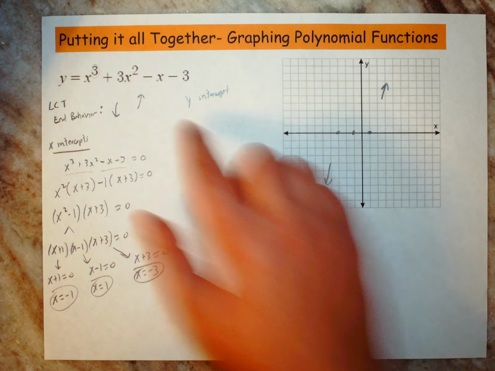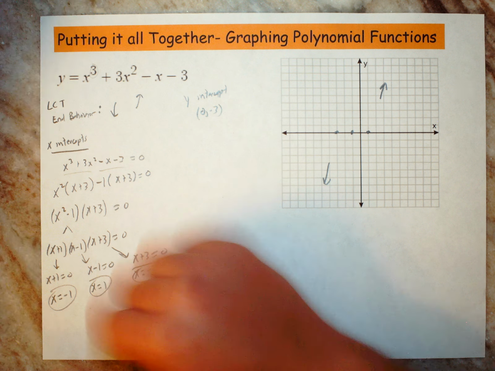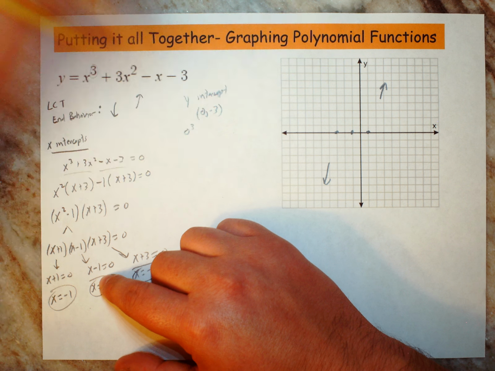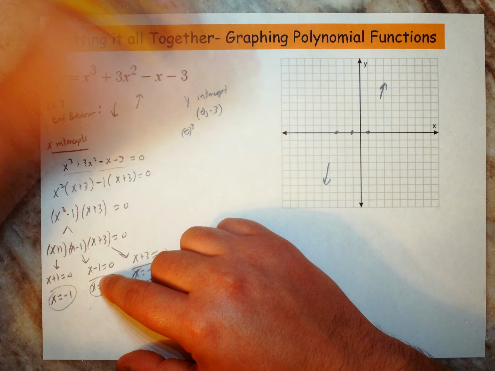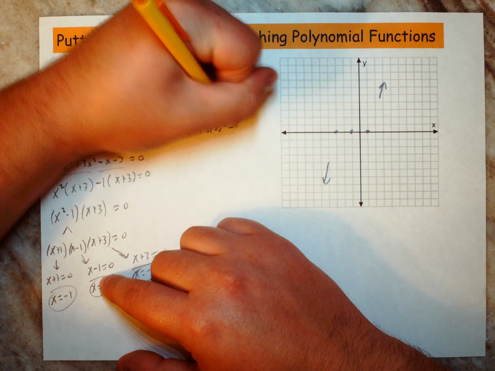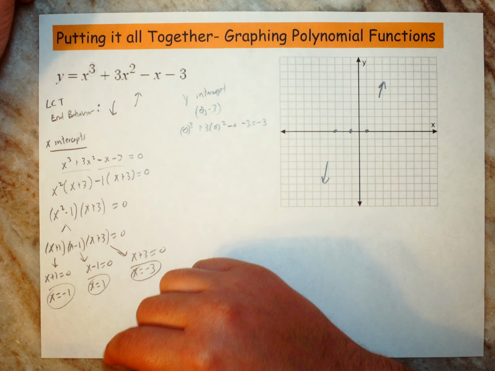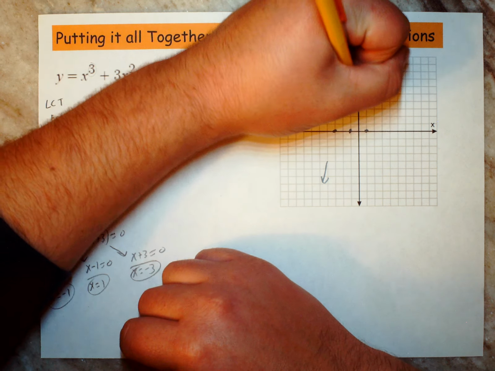The y-intercept is going to be 0, -3, because if you were to do 0 cubed plus 3 times 0 squared minus 0 minus 3, you would just be left with -3. So the y-intercept is going to be here.